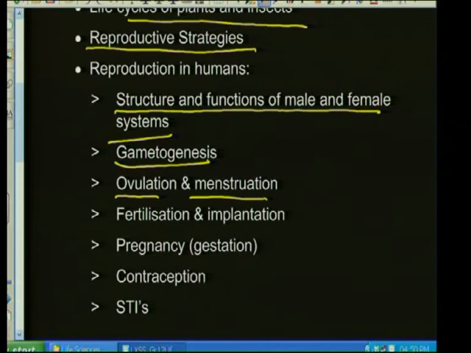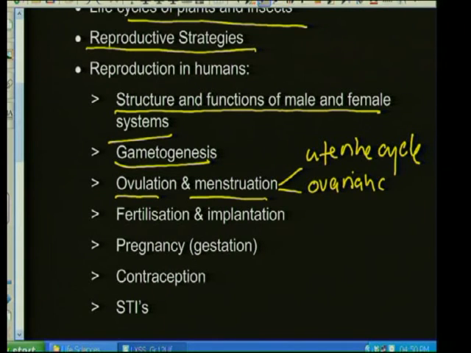In other words, we're looking at the uterine cycle and the ovarian cycle. The uterine cycle is the one that takes place in the uterus, and the ovarian in the ovary.